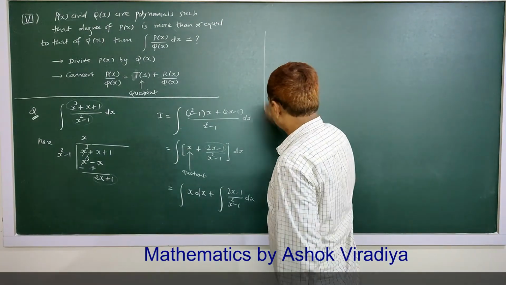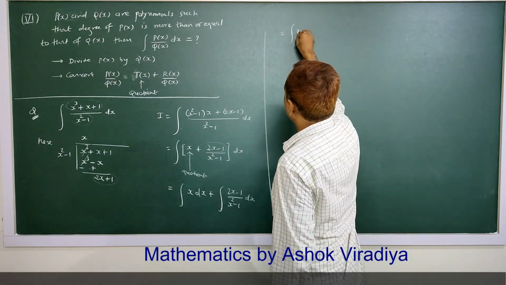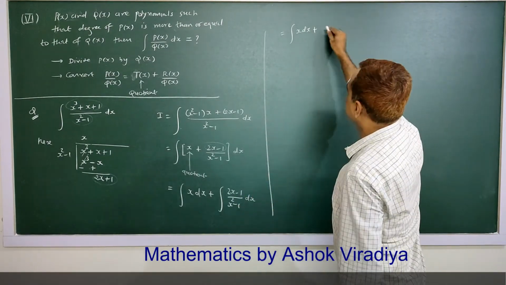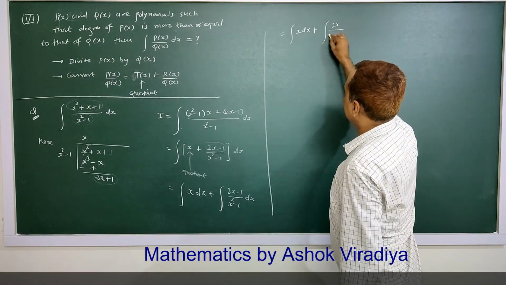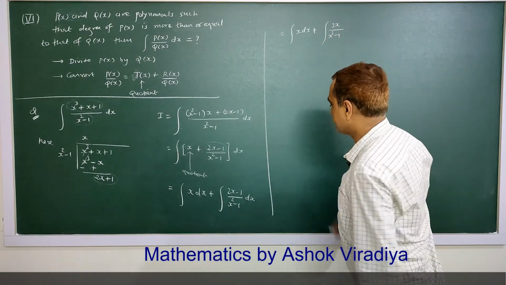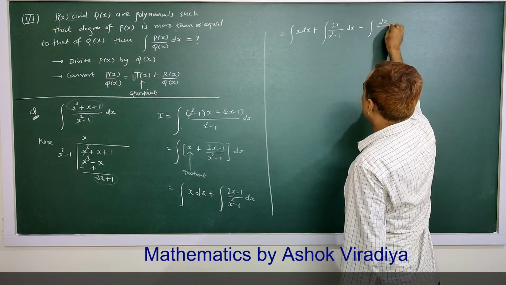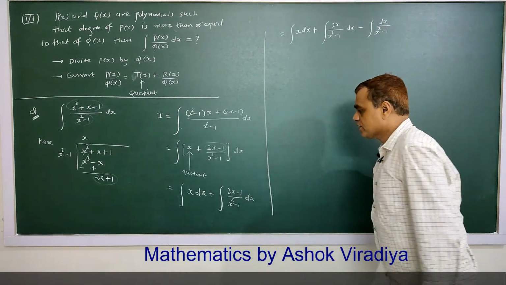Therefore it is equal to x dx plus, now again here separating, 2x upon x square minus 1 dx plus 1 dx upon x square minus 1.